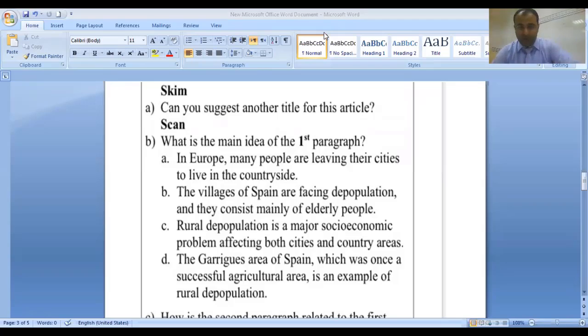The main idea is that rural depopulation is a major socio-economic problem affecting both cities and countryside. Now, let's move to the second paragraph.